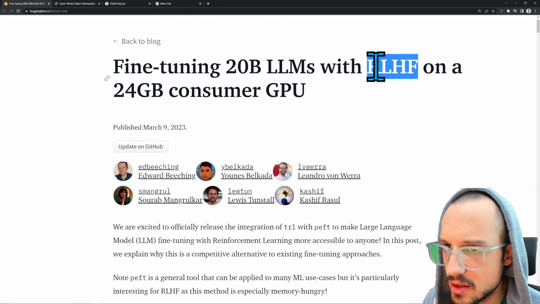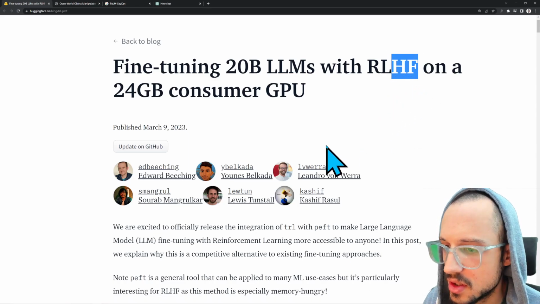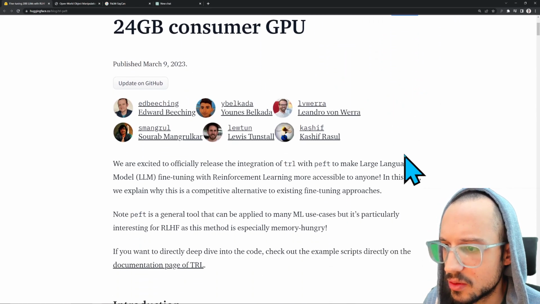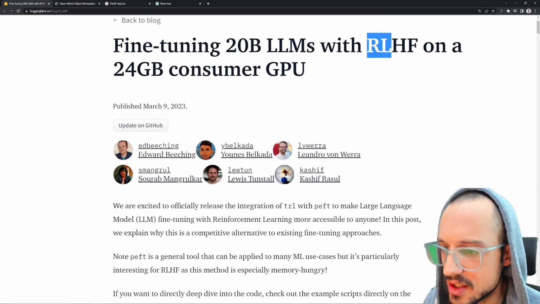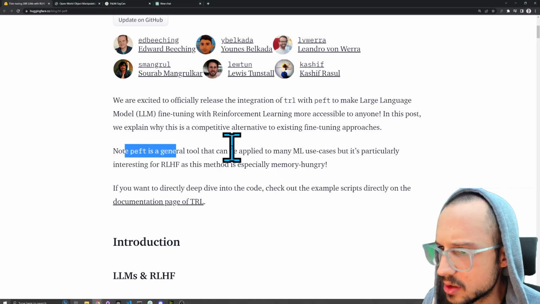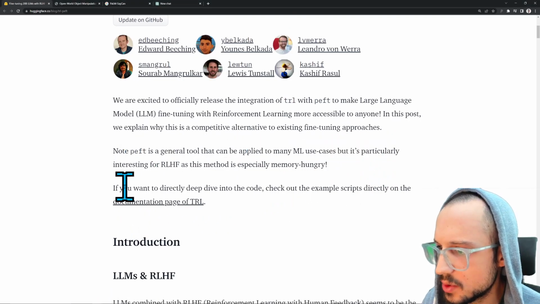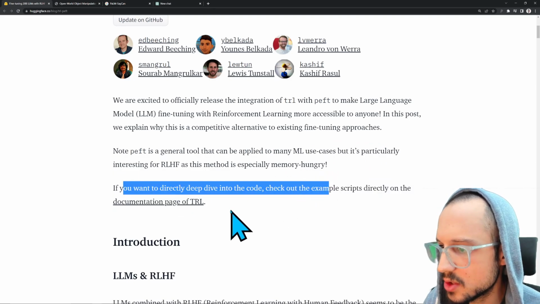There are lots of open source reinforcement learning frameworks, and reinforcement learning with human feedback is much more about the human feedback part and what data set you choose to fine-tune with, rather than how the RL is actually done. PEFT is a general tool that can be applied to many ML use cases. Okay, if you want to directly deep dive, check out the scripts over here. Cool.